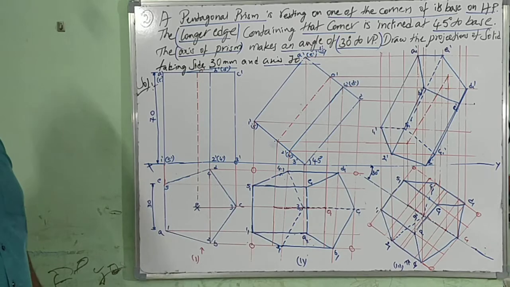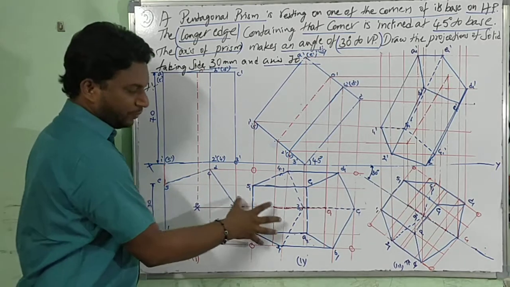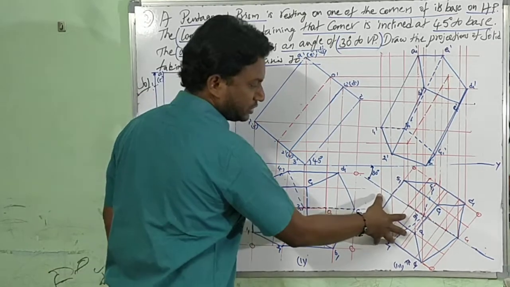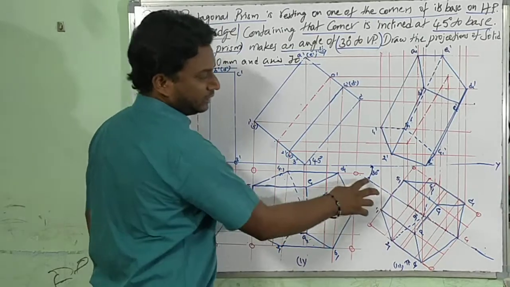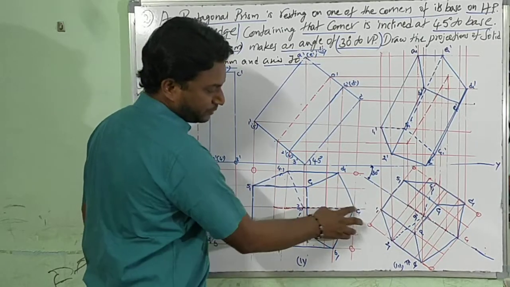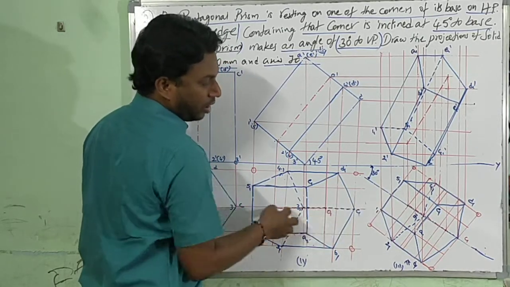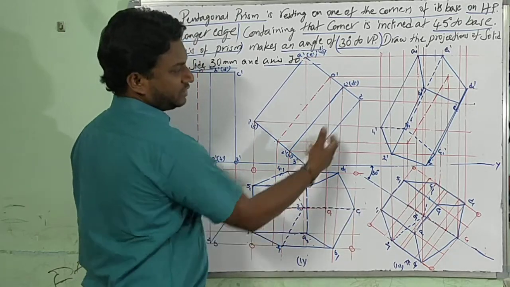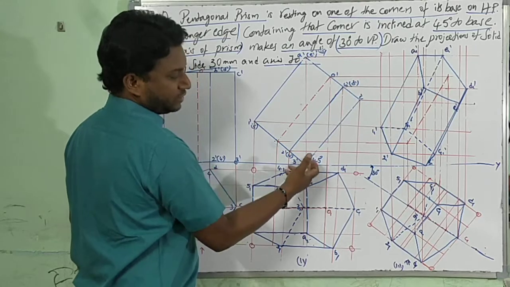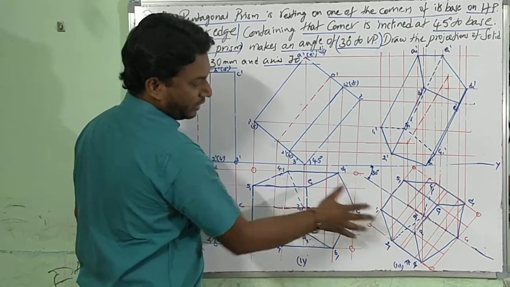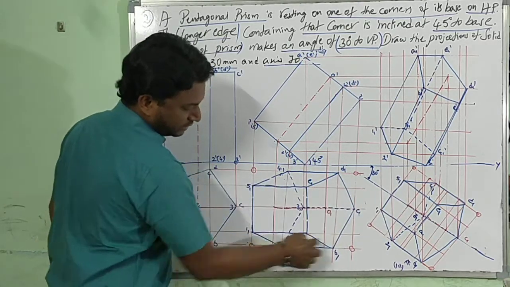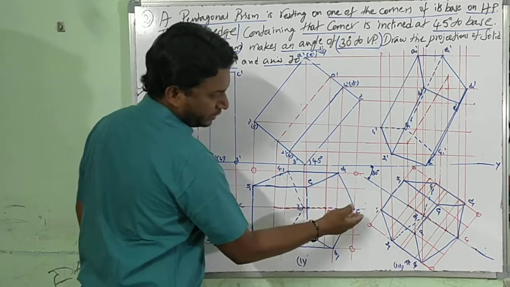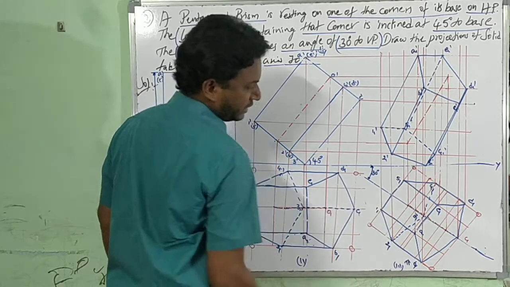Don't get confused. From the second position top view to the third position top view, what I did is draw a 30 degrees line with respect to the long edge, which is here with respect to the second position. When it rotated, now the box circles 1, 2, 3 with respect to the center line, I reconstructed that.